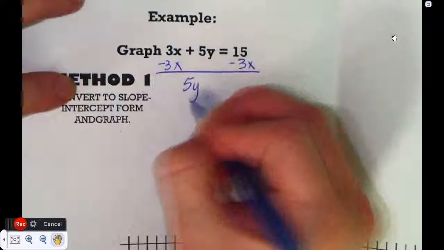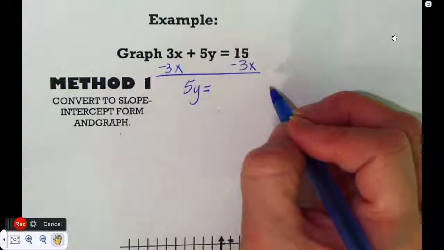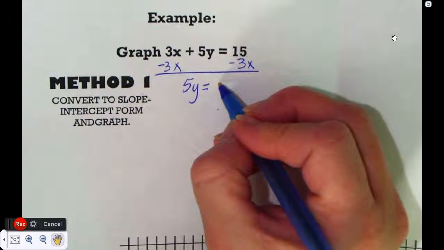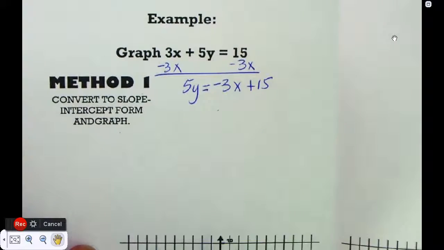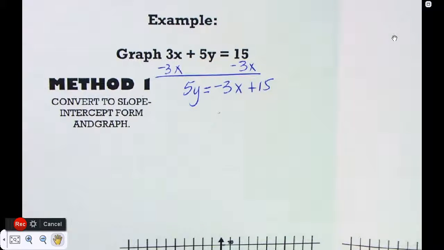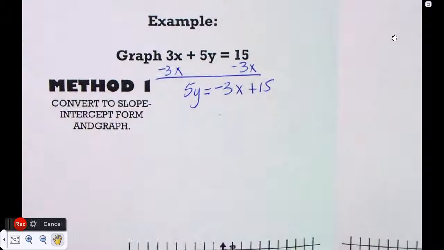So we're going to get 5y equals, help me, negative 3x plus 15. So we're going to subtract 3x from both sides.